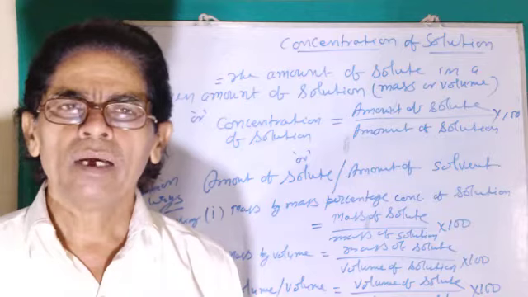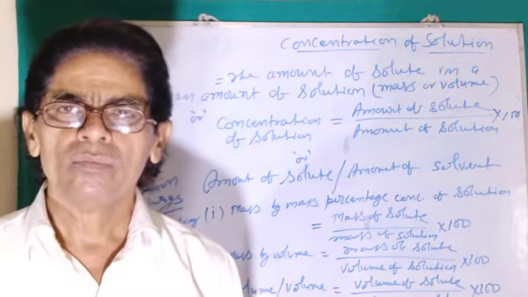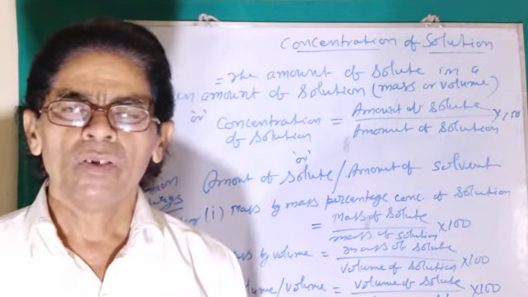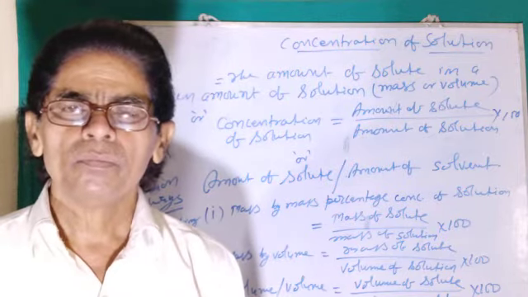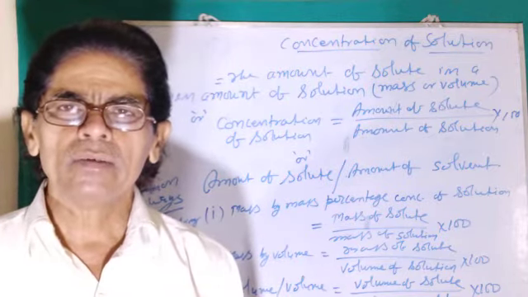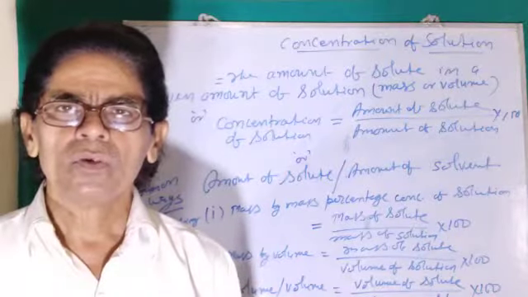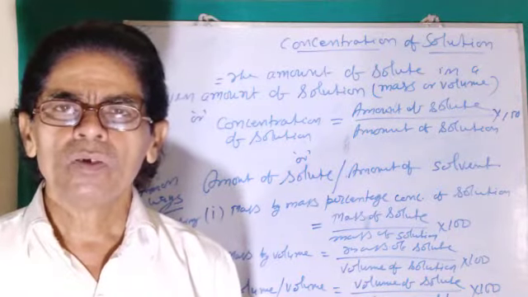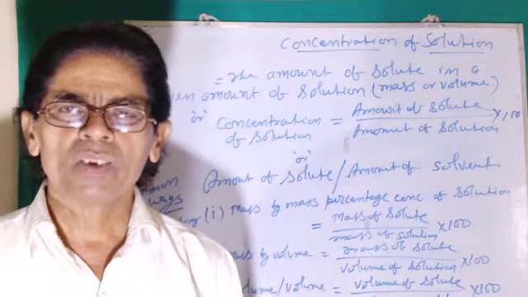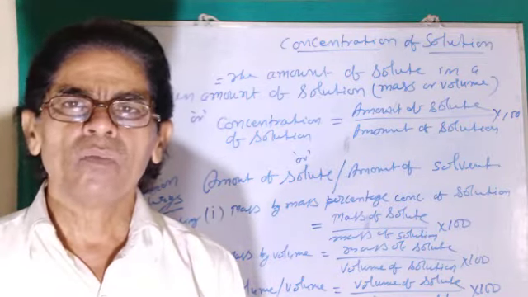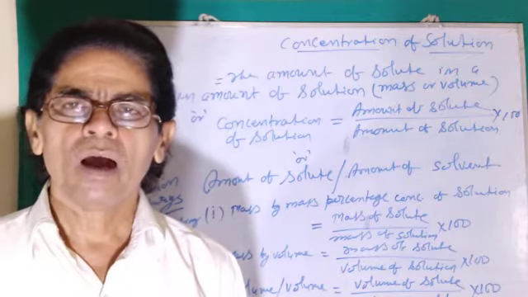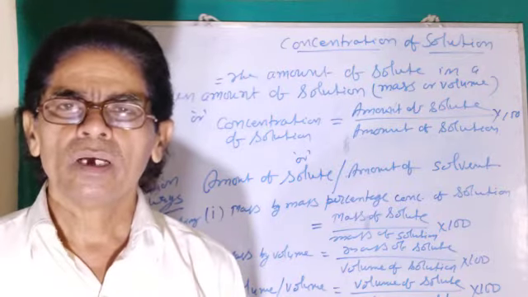Suppose that alcohol, ethanol, is dissolved in water. It is water soluble. So when a certain amount of alcohol is present in a given volume of solution, how do we express the concentration?